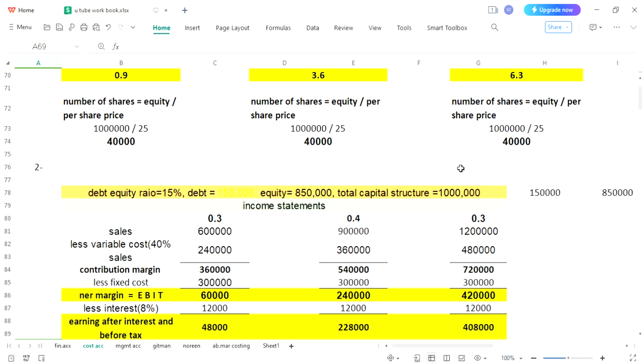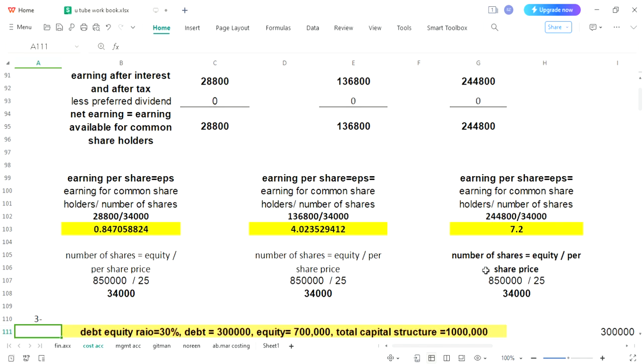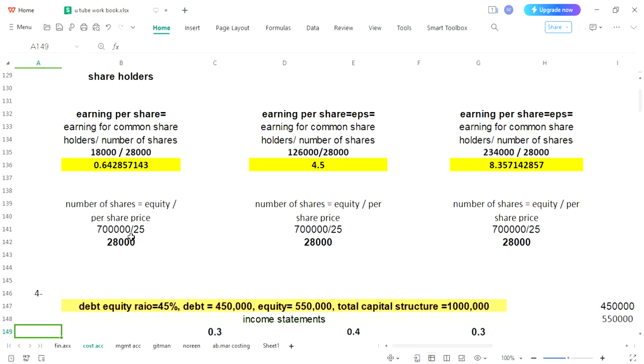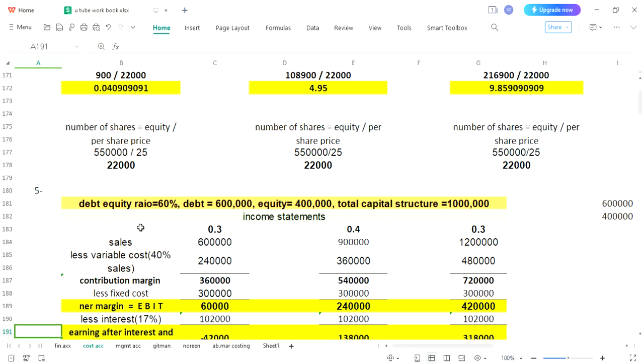In the similar way for the second, 15% debt ratio, 3 income statements were made. For the third part, 30% debt, again 3 income statements were made. For the fourth part, 45% debt, 3 income statements were made. For the fifth part, 60% debt, 3 income statements were made.